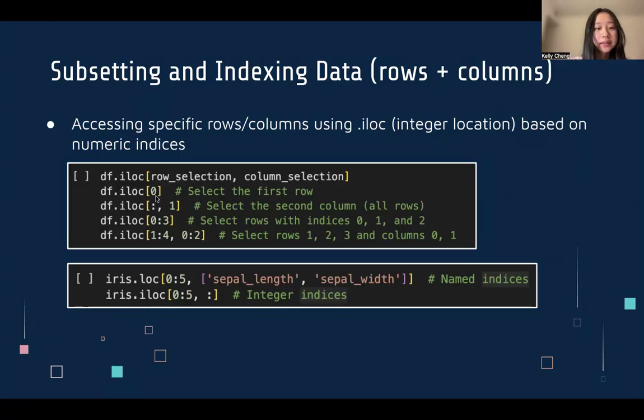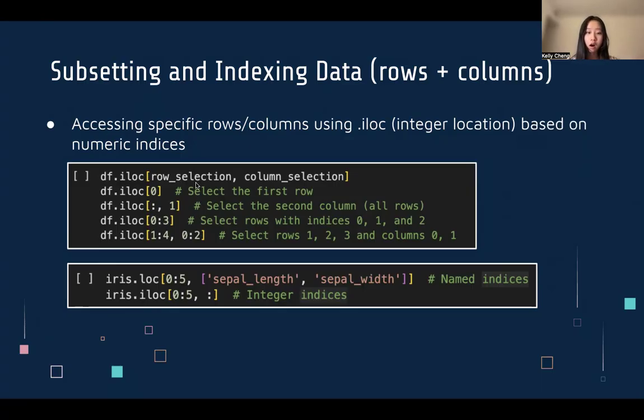Moving on to the next example, we have df.iloc and a colon, comma 1. Whenever we see a colon, we can assume that we are getting all the information of either the row or column, depending on where it is placed. Here we can see that the colon is before the comma, which is our row selection.